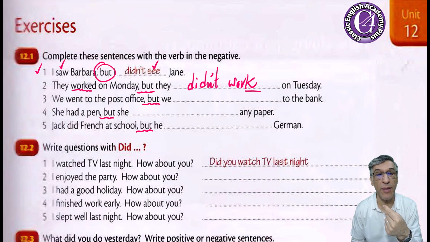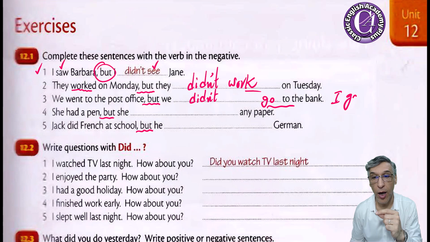We went to the post office, but we didn't go to any place except home. I go home before 6. Here, for home, we do not use to at all.